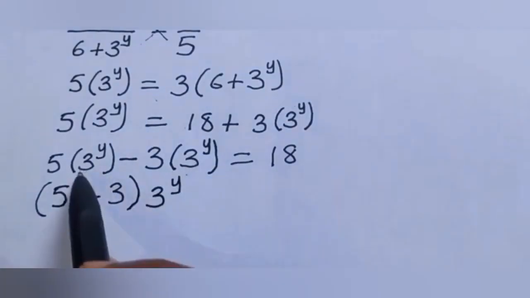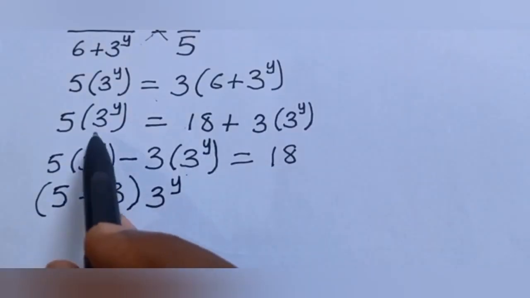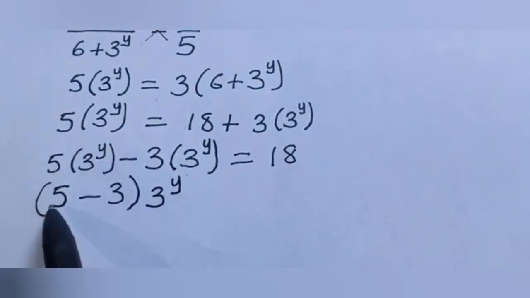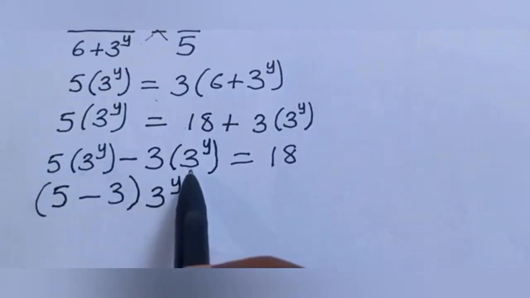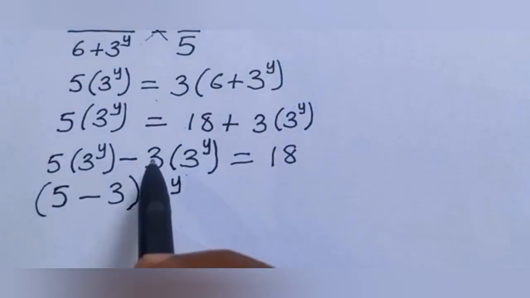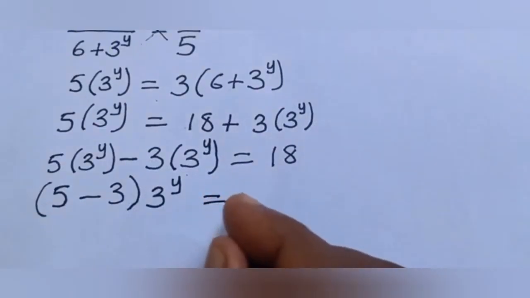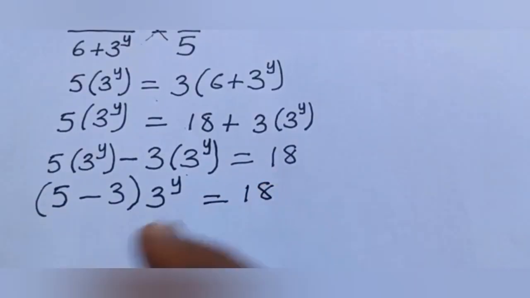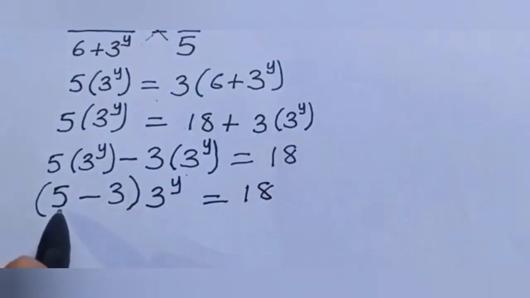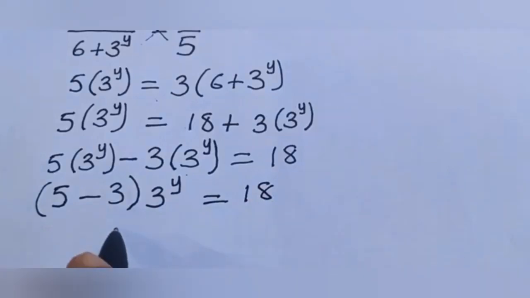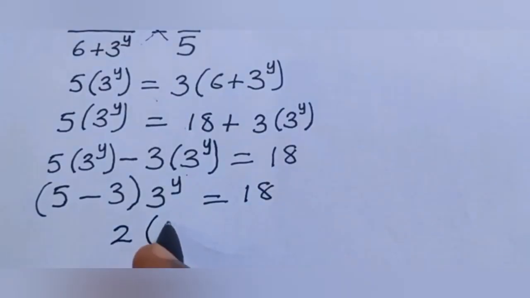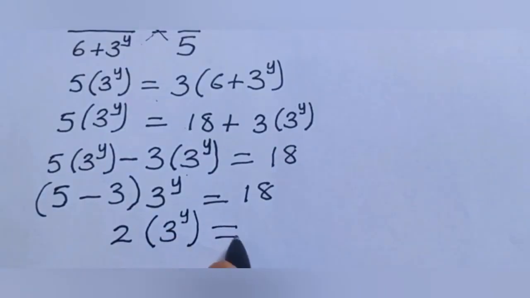Taking 3 raised to power y out of the bracket, we remain with 5 and with 3. This equals 18. 5 take away 3 is 2. So 2 in the bracket, 3 raised to power y, equals 18.